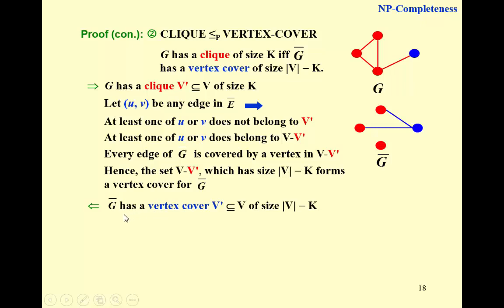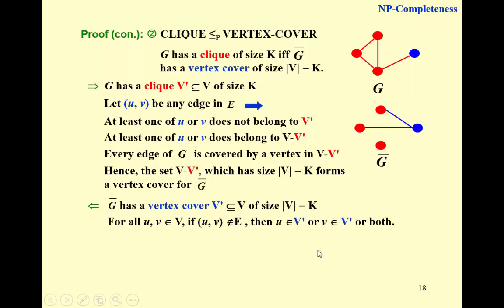And for the other side, we assume that the complement of G has a vertex cover V prime of size V minus K. Since this is a vertex cover, for all the pairs of vertices U and V, if this edge is not in E, which means this edge is blue, then one of them or both of them must belong to this V prime, since a vertex cover covers every edge that is not in E, that is blue.